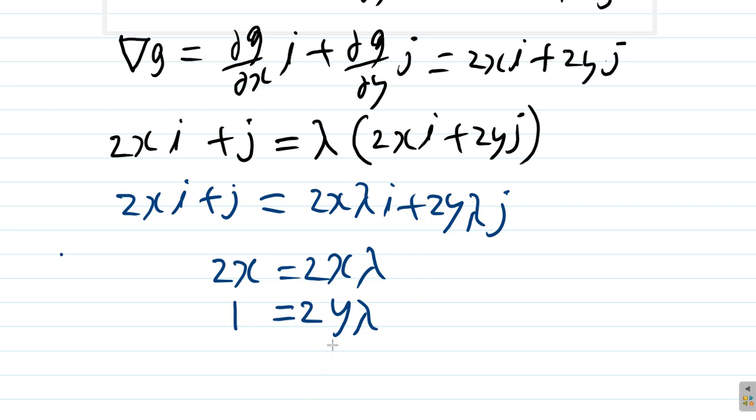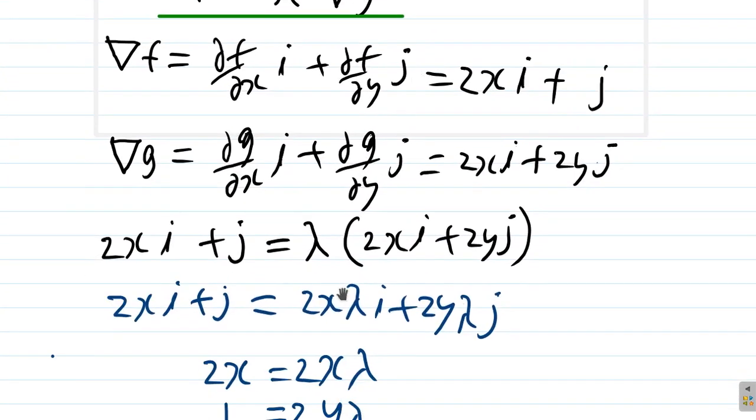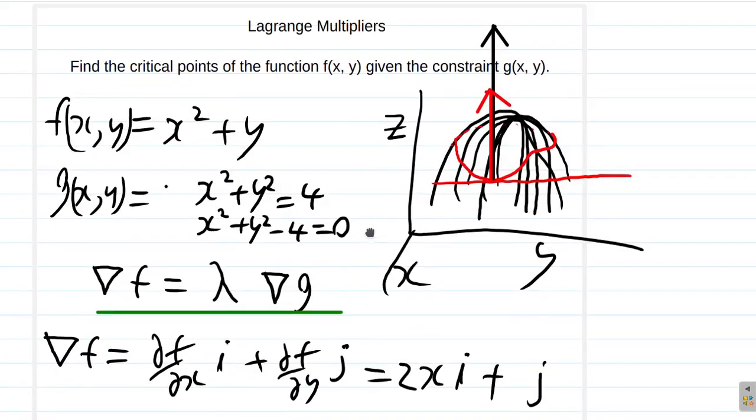You can write it down if you want, but you'd have to cancel it anyway. Alright, so this is equal to this. Now we have these equations. It's a pair of simultaneous equations. Guess what now? You see that pair of simultaneous equations?